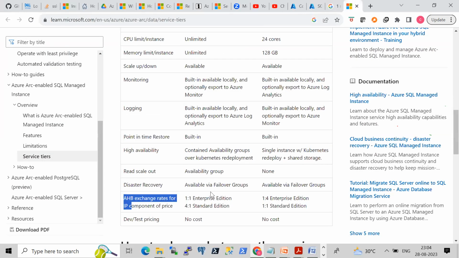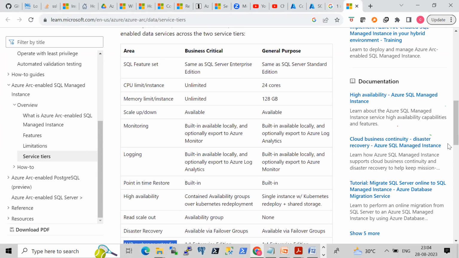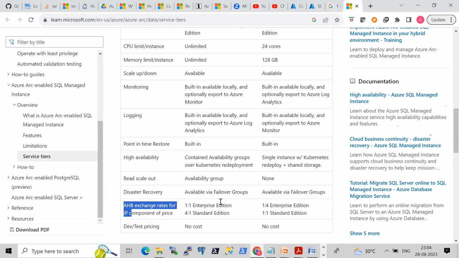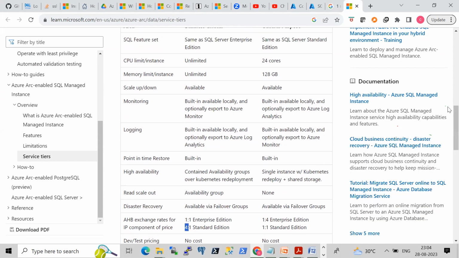And you have to remember one thing. Let me go to the top. The first one is business critical. In business critical, if I have enterprise edition on-premises, it is equivalent to one business critical. If I have standard edition, it is equivalent to 4 business critical managed instances cost.